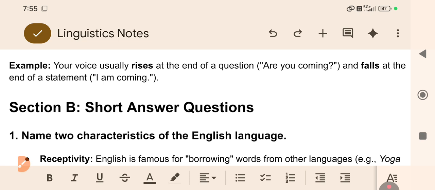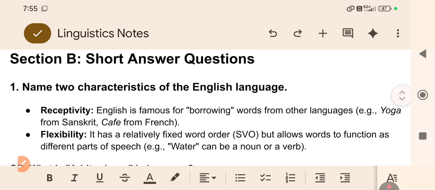Because you are asking a question, the voice rises, and it falls at the end of a statement. I am coming. That falls, in a low voice. It cannot be spoken this way, I am coming, no, no. I am coming. And are you coming? That's a question. Okay. So this way you can answer.